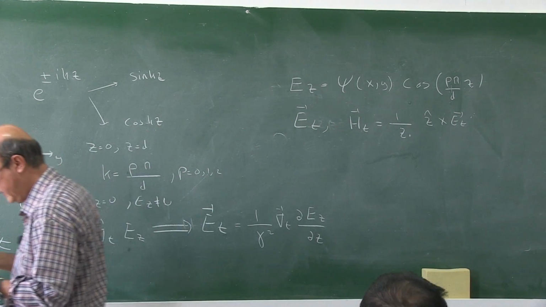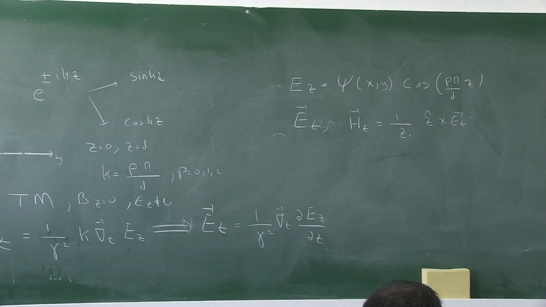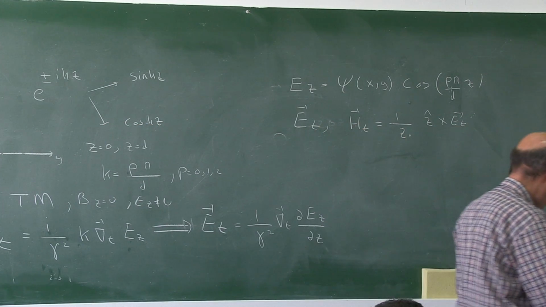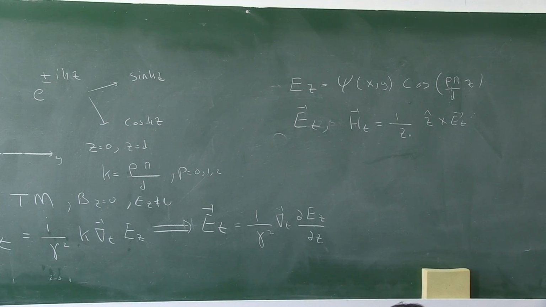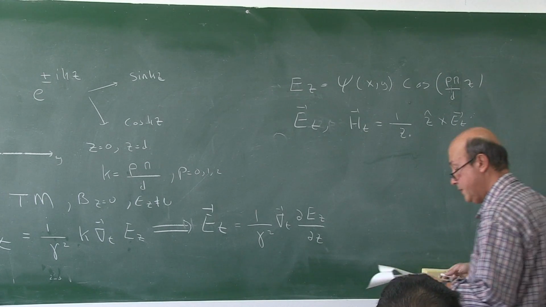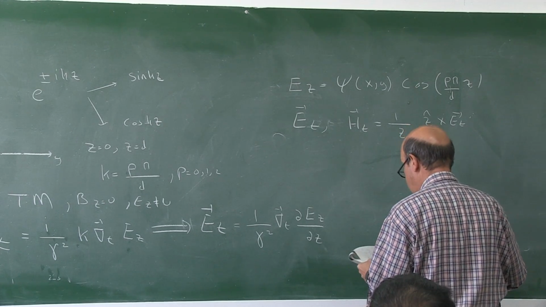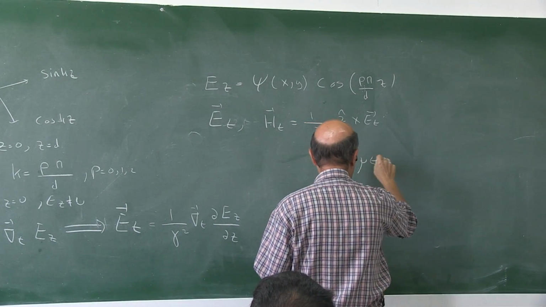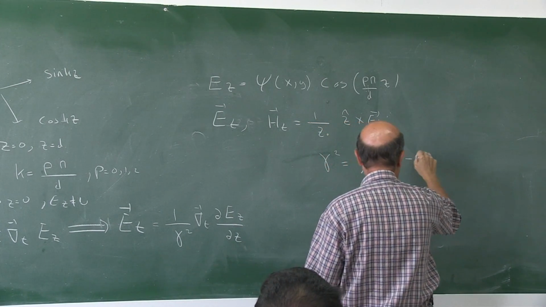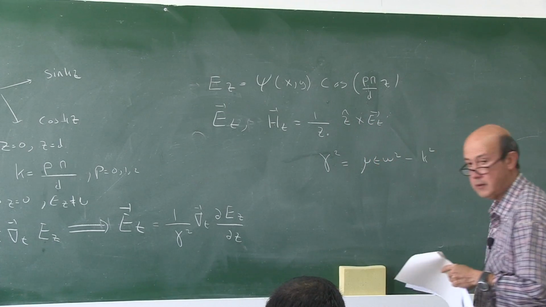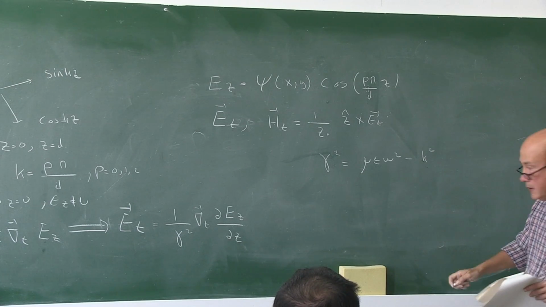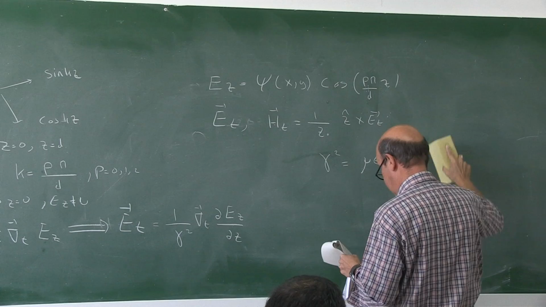The other thing, let us look at the resonance frequencies. From the wave equation, we have a dispersion, and that dispersion, if you remember, was gamma square equal to mu epsilon omega square minus k square. So that was the dispersion relation. And k is not continuous in that case, it is discrete, and that is equal to what?